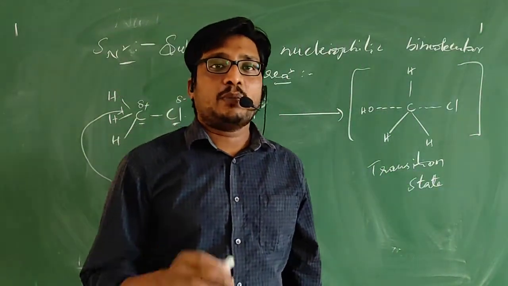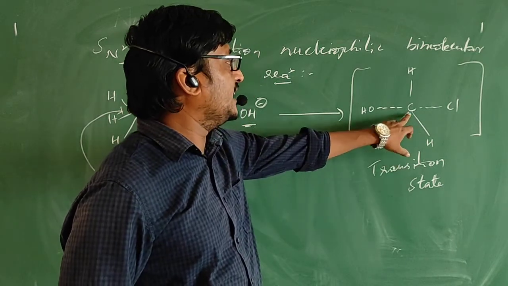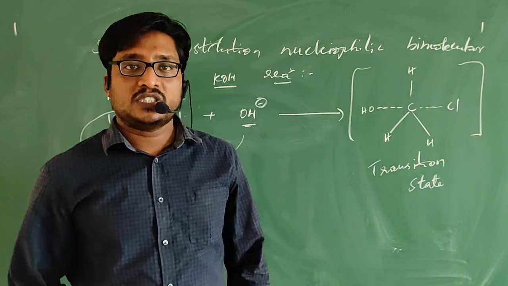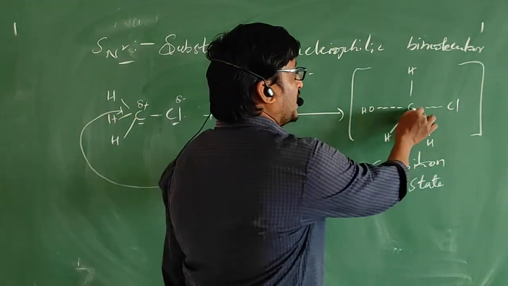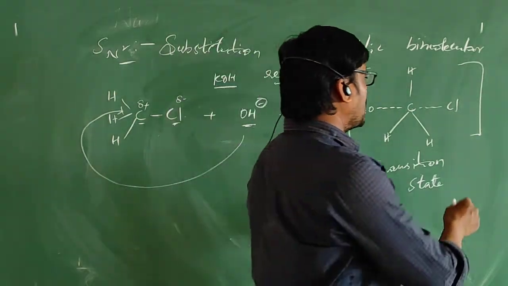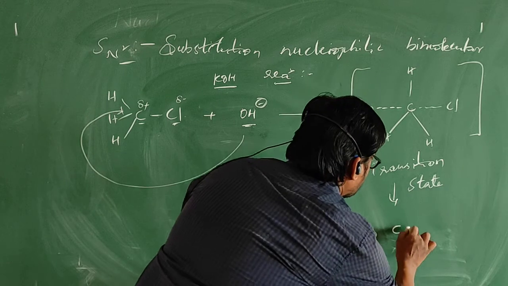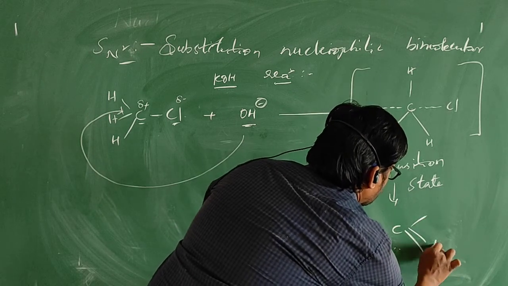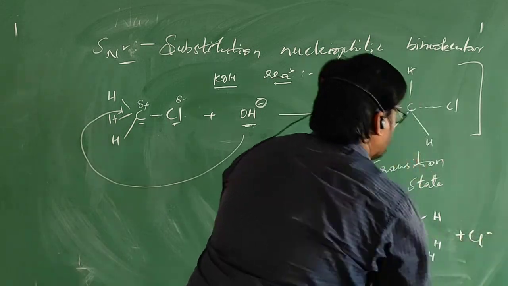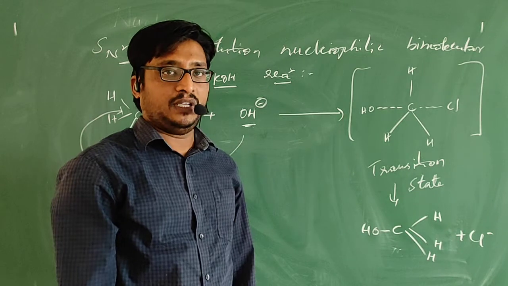Carbon can form only 4 bonds, but in this transition state it is linked to 5 groups. So it will be unstable in nature. Since it is unstable, it will kick out the chlorine, the halogen, and it forms the product in this way. Methanol and the halide ion get produced.